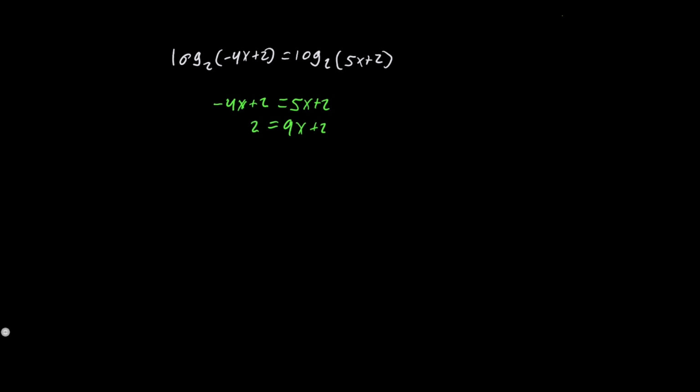Now here, what we just do is simply subtract 2 from both sides, but we can go ahead and see that if we do, we're going to get 0 is equal to 9x. And simply, x is equal to 0. And seeing that, we see that we just simply get log 2 of 2 is equal to log 2 of 2, which is simply our solution, or just 1 equals 1.